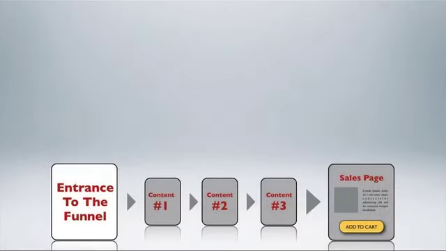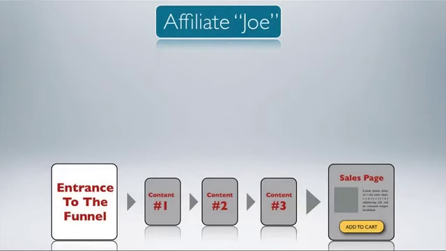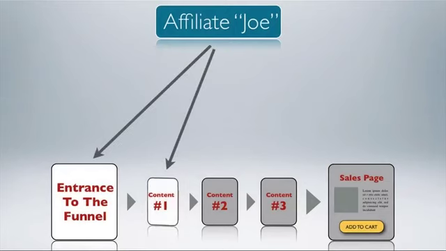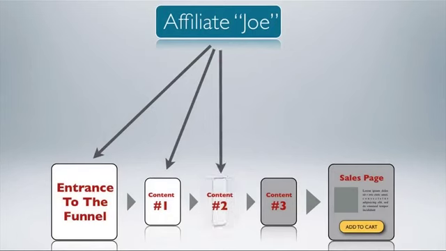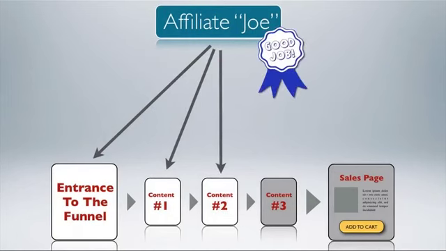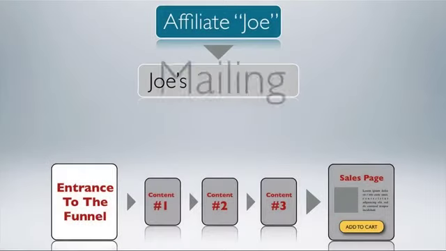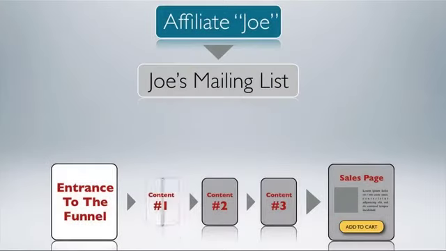But wait, the problem gets even bigger. Let's imagine affiliate Joe is diligently mailing his list in the appropriate order and at the appropriate timing. Basically, he's doing a good job as an affiliate. But we cannot expect all his subscribers to read his emails at once, right?